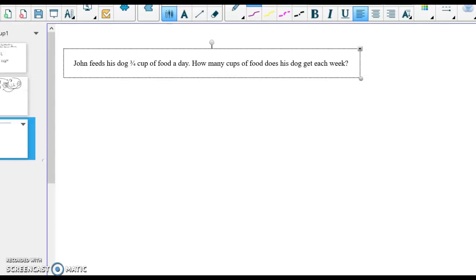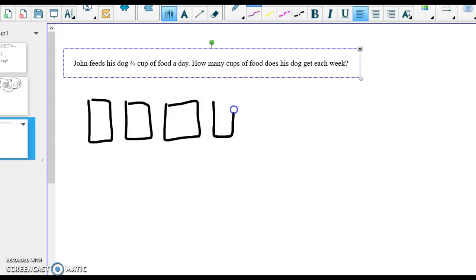So if we were to draw a model of this, if you drew a cup of food, 1 cup, 2 cups, 3 cups, 4 cups, 5 cups, 6 cups, 7 cups.